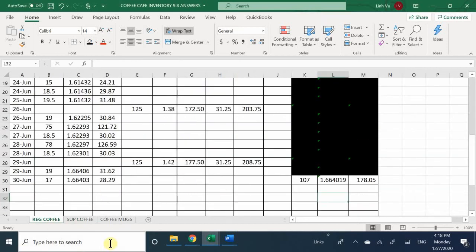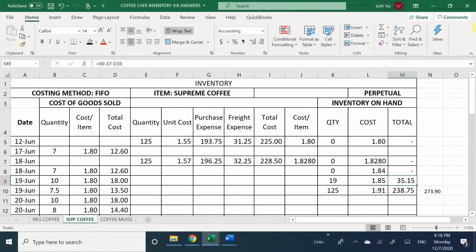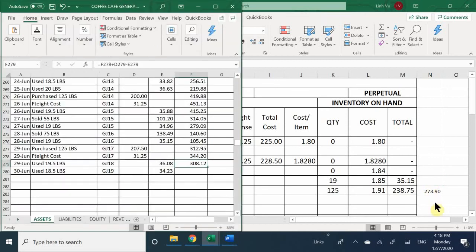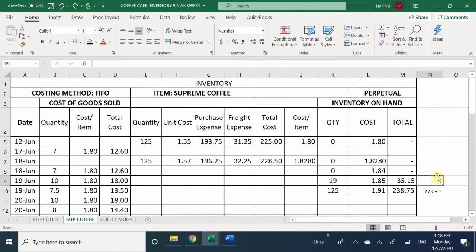So when we're here in our Supreme coffee, our previous amount was, let's see, edit, undo. I don't remember what it was. What is it? 18.25 plus 19. It was 37.5.